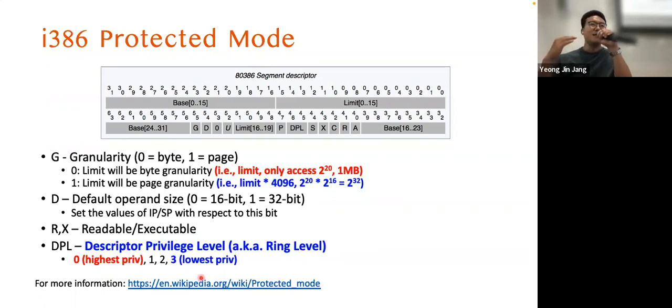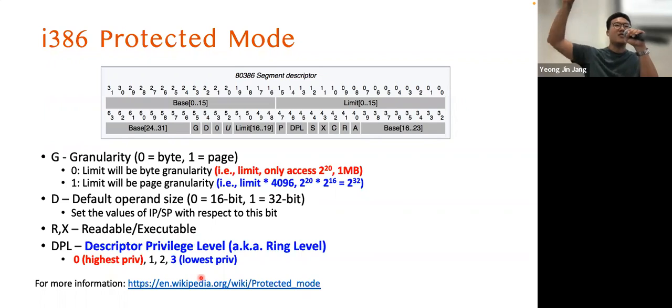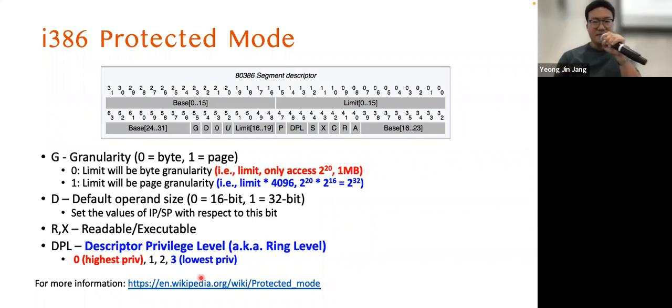What that means is that we can set some part of the memory so that it can only be accessed by privilege level 0. So no matter what your applications, for example Google Chrome, do, there is an area on the computer that they can never access because they don't have the privilege. That's how we can protect the operating system from the other applications.